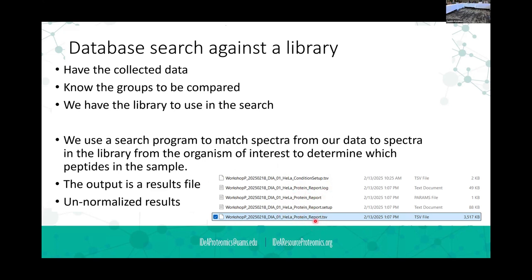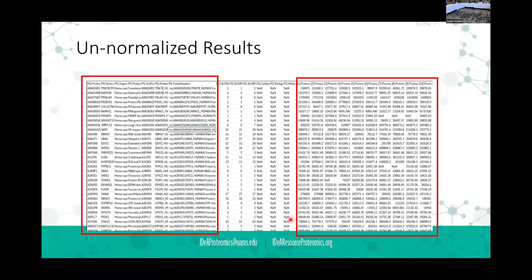It's a TSV, a tab-separated value file that you can open up in Excel. And that is the raw, unnormalized data that has come from our database search.